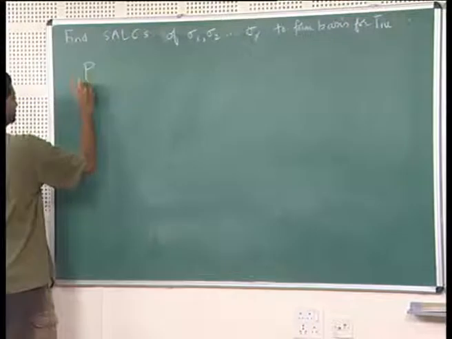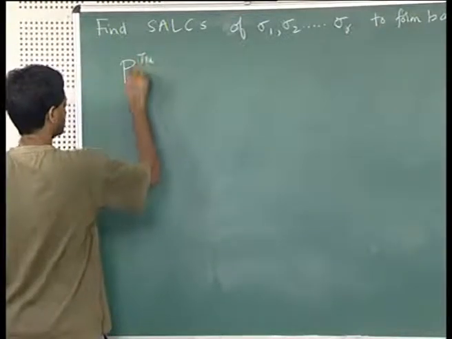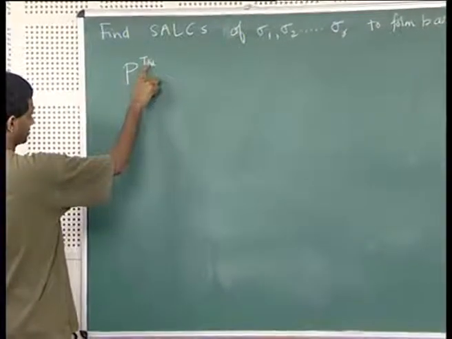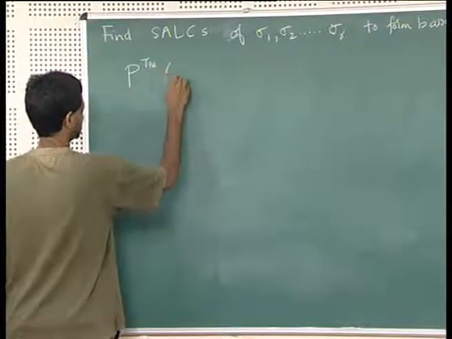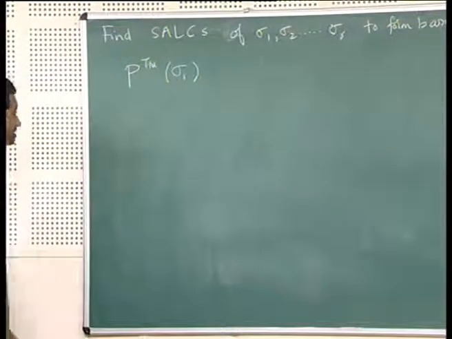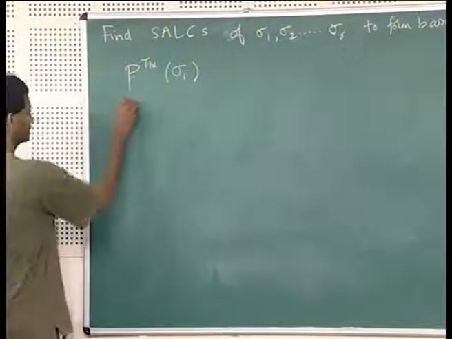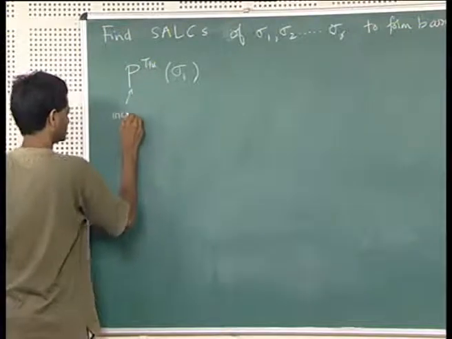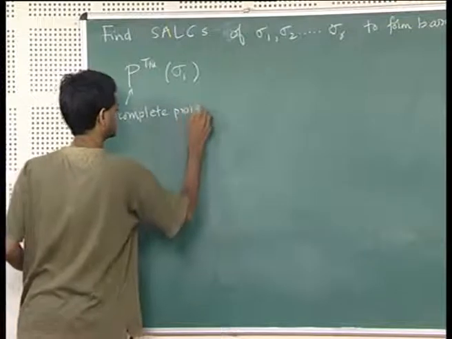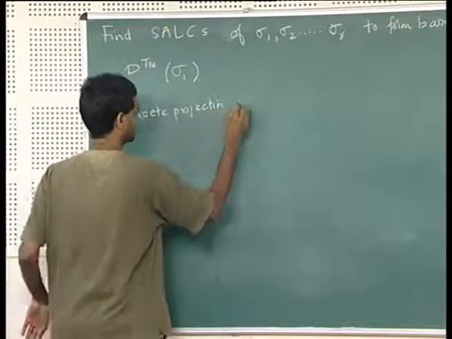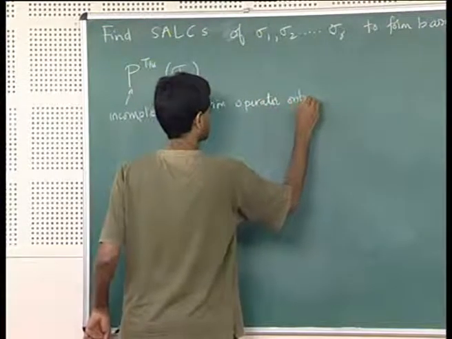We look at the projection operator onto this irreducible representation, T1u, acting on sigma 1. So this is the incomplete projection operator onto T1u.